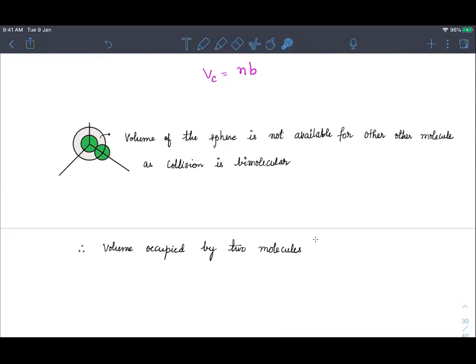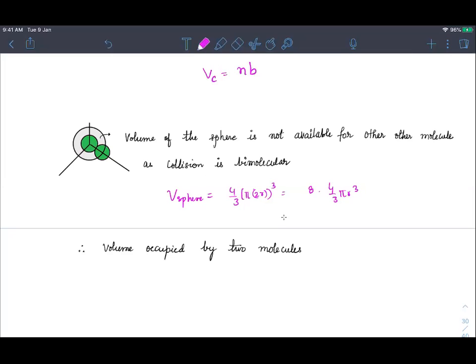Yes, sir. So therefore, we can say the volume of that sphere, got it? If you see this big sphere which I have drawn, that would be 4/3 times pi times (2r) whole cube. So that would be 8 times 4/3 pi r cube.